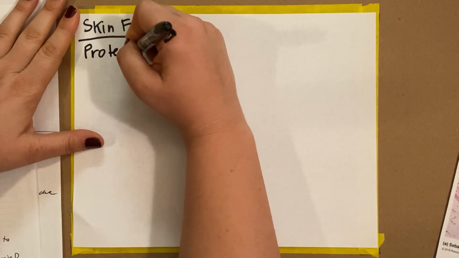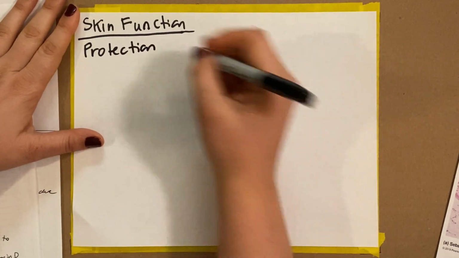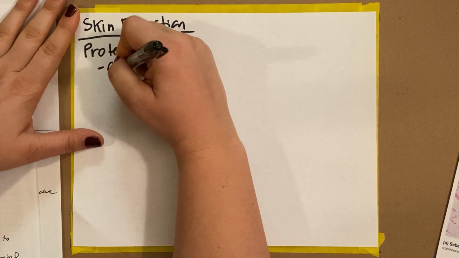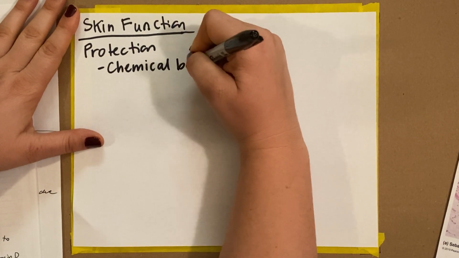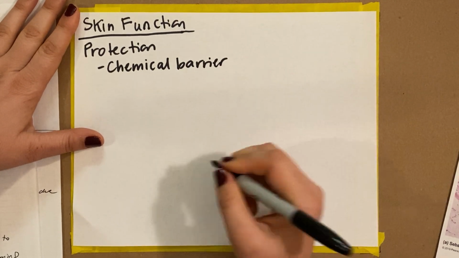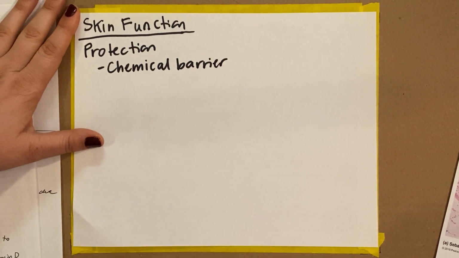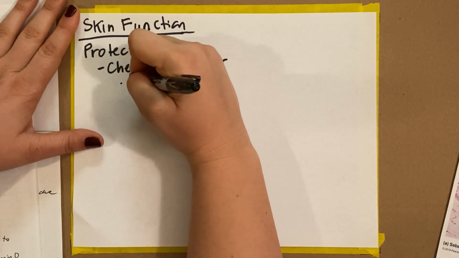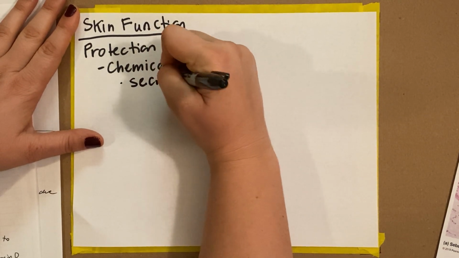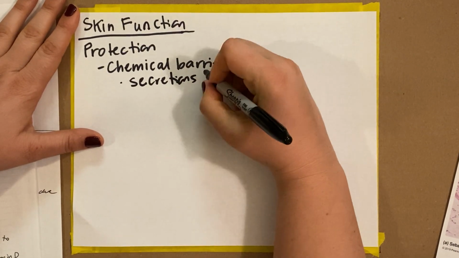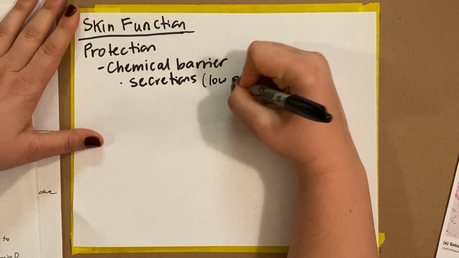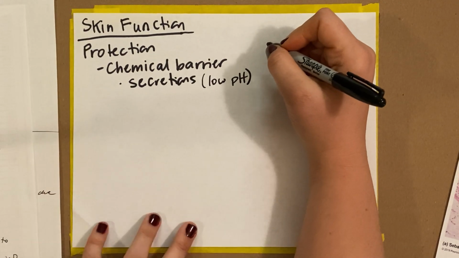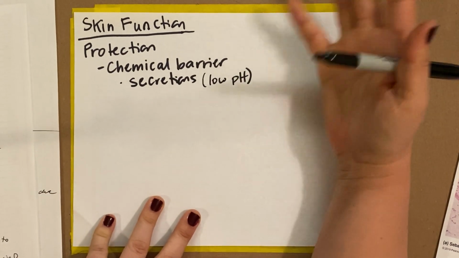So the main function, again, is protection. Okay, it's going to act as the chemical barrier. So there are going to be secretions that we just talked about that are released. Those tend to have a low pH, which helps keep lots of bacteria at bay.